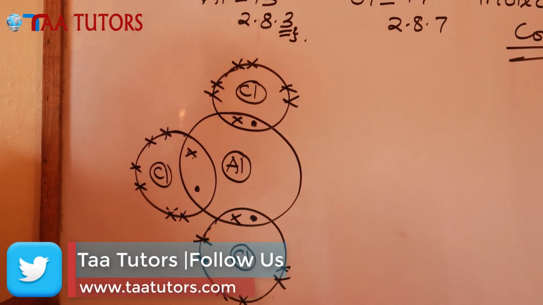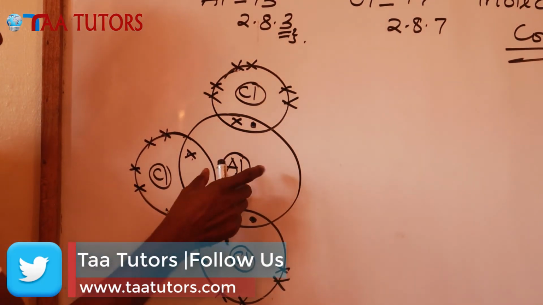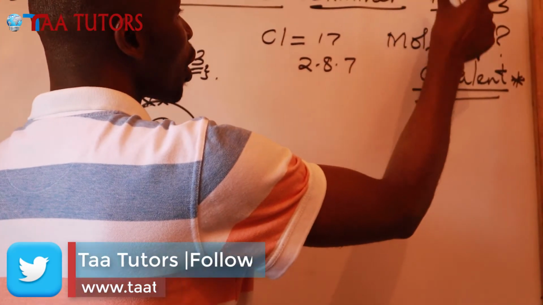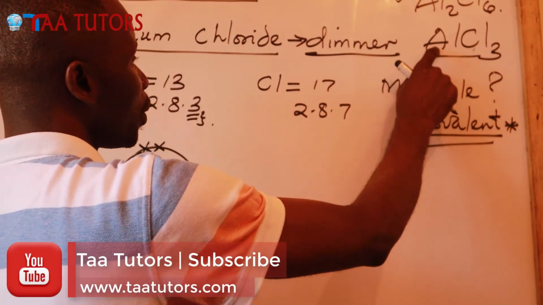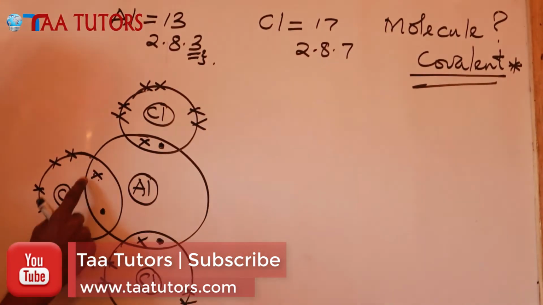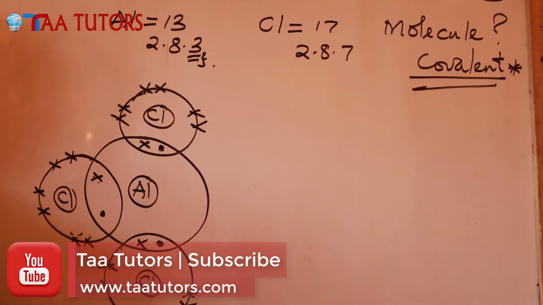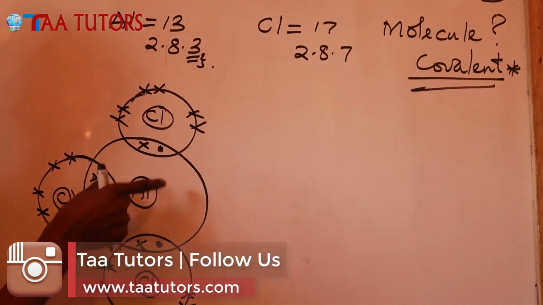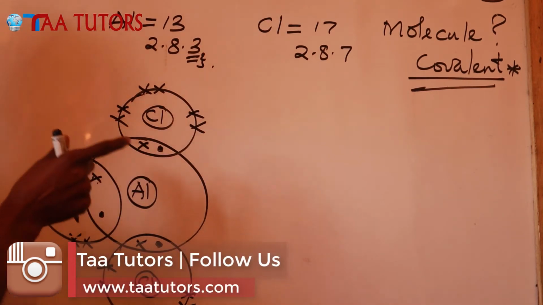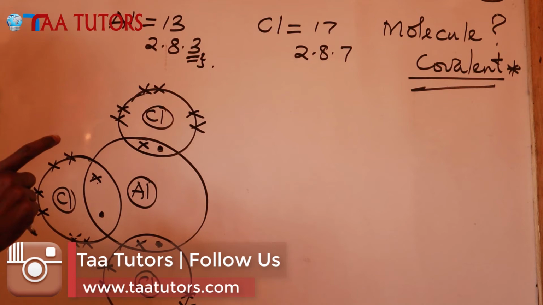So something is not right here. We cannot have this compound existing this way, because while the chlorine atoms are stable, the aluminum atom is not stable. It means we need another molecule of this type to be able to form a stable compound.